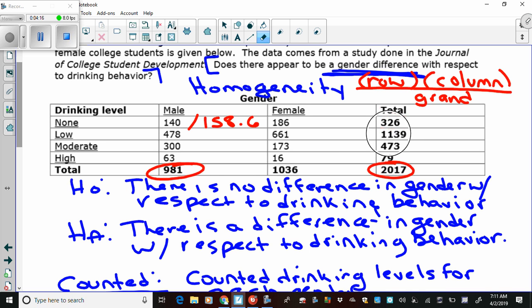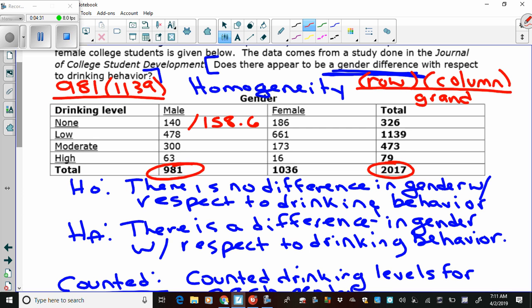So again, if I do another example, if I wanted to find out the expected counts for males who have low drinking levels, I would take the column total, so 981 for males, times the row total, so the 1139, divided by the grand total, so 2017. And I get 554.